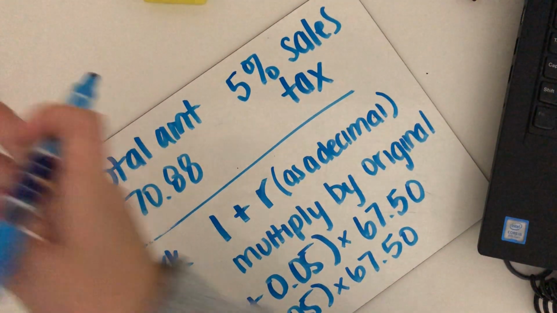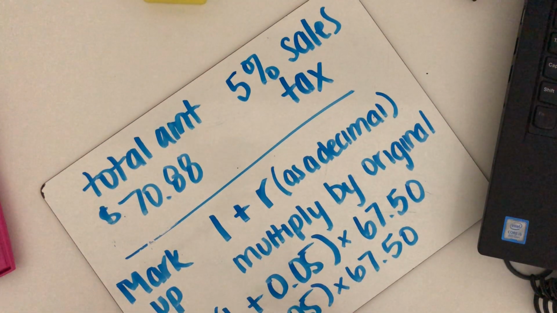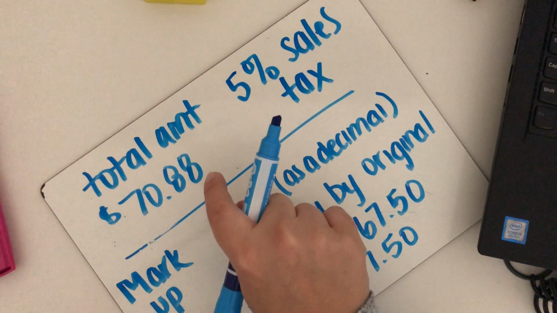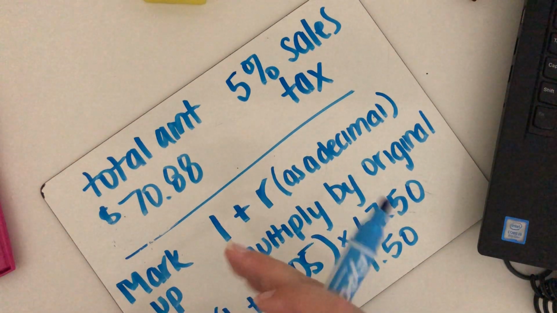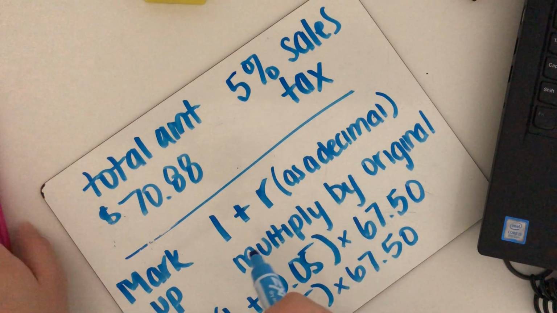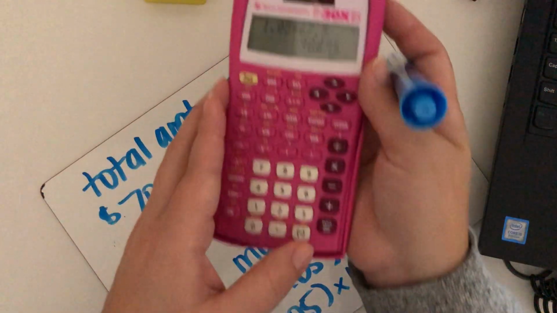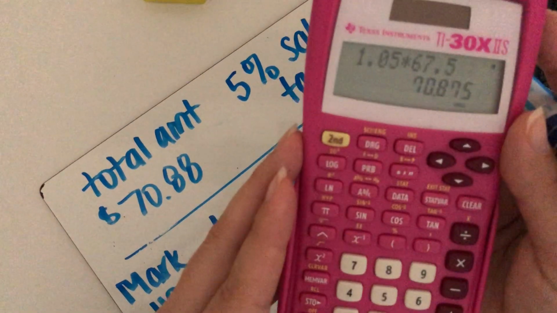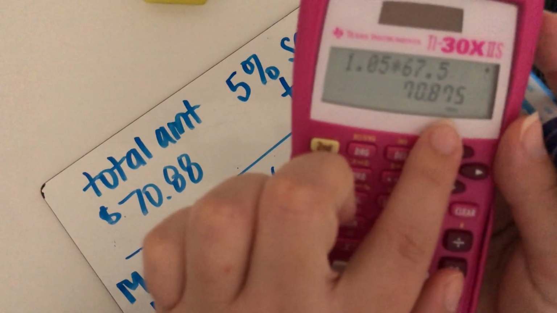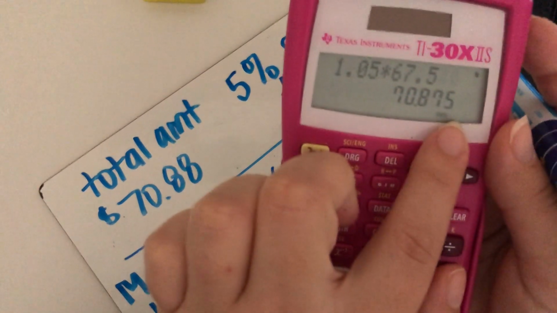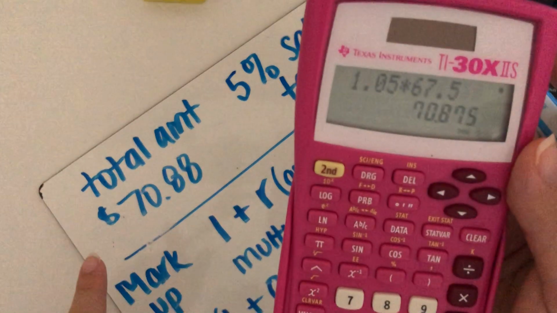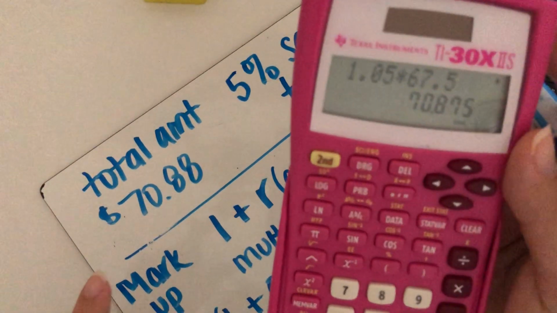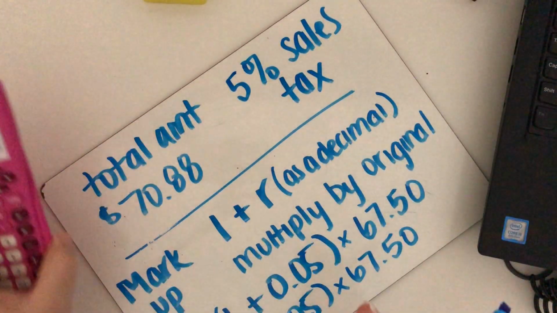We know that when we're dealing with money, it only goes to 2 decimal places. So that's why I rounded that 7 up by 1, because you see that the next number was a 5. I took this 7, looked to the right, had to round it up, so it gave me $70.88, okay?